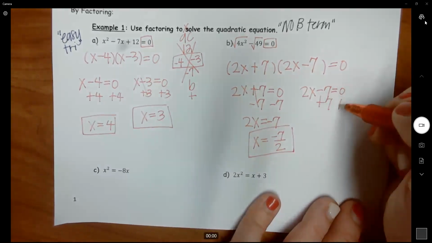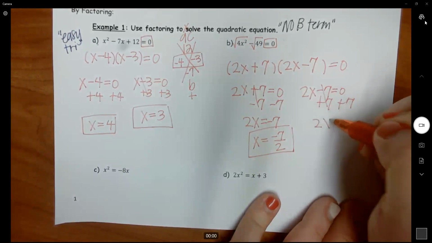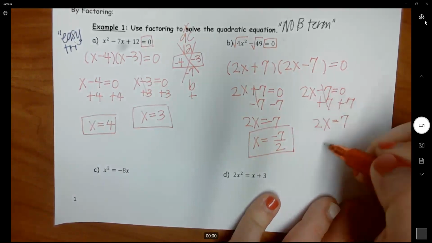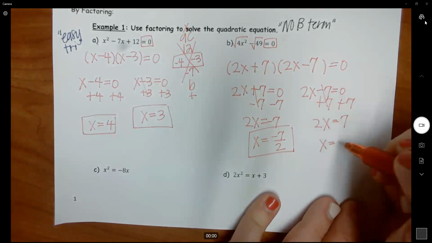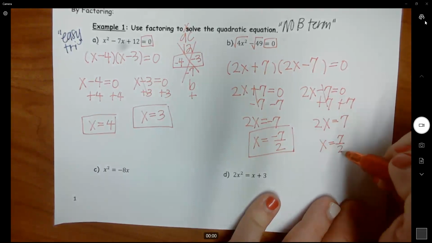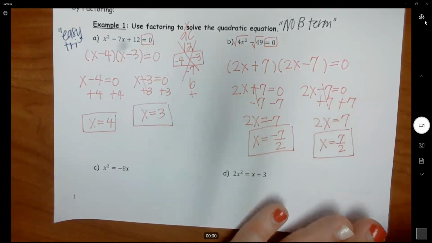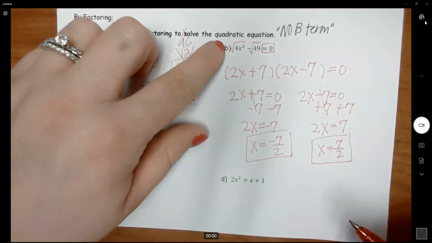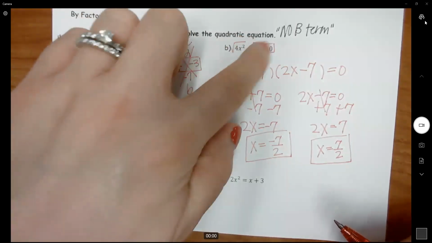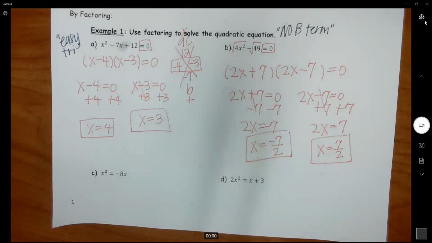Here, we're going to add 7 over. So 2x equals 7. Divide by 2, and so x equals positive 7 over 2. You can again plug those in and see that you will get 0 whenever you do that.